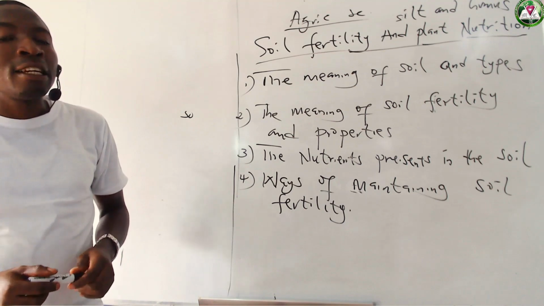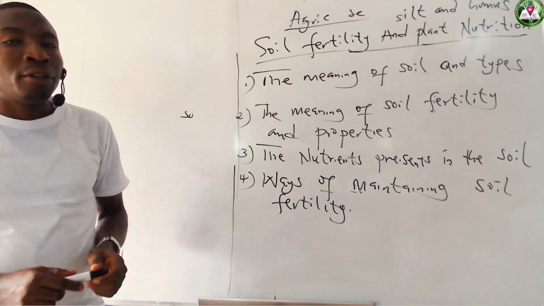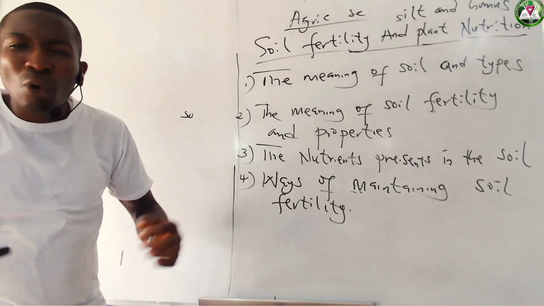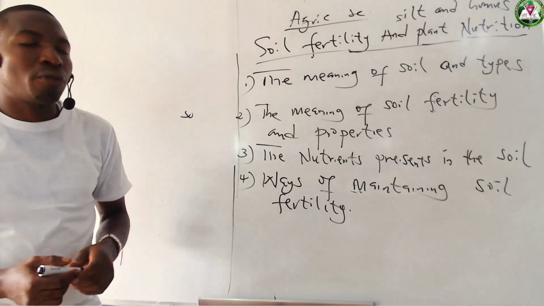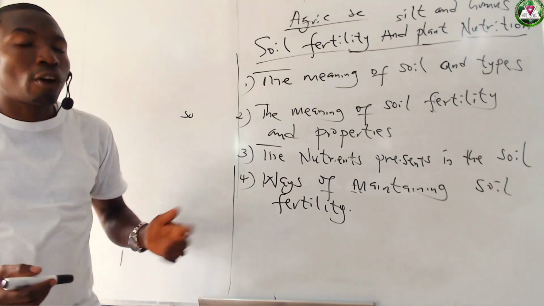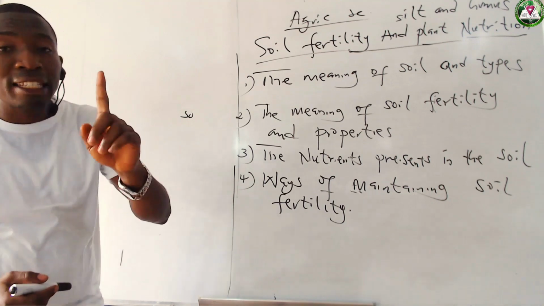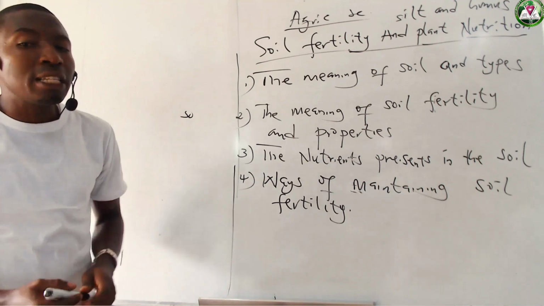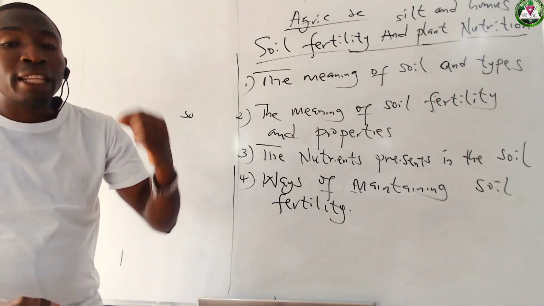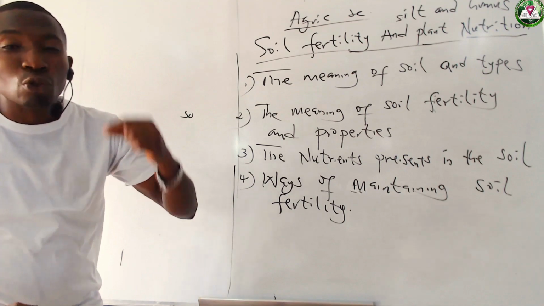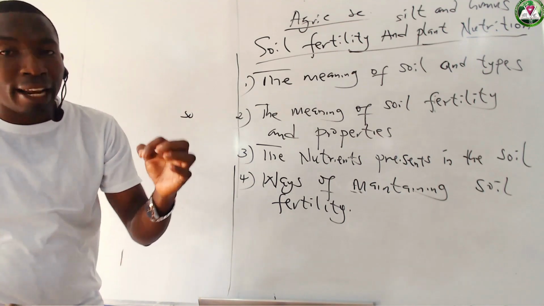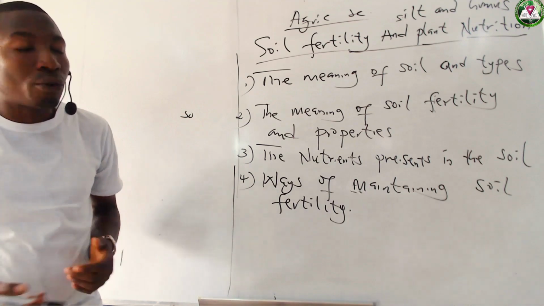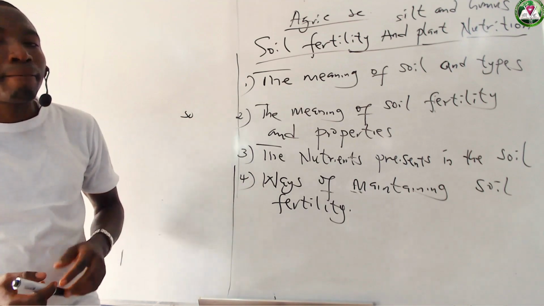Number two, a fertile soil is one which has adequate or sufficient micro and macronutrients. I'm coming to that. I'll teach us what we mean by micro and macronutrients. That is in the third highlight.